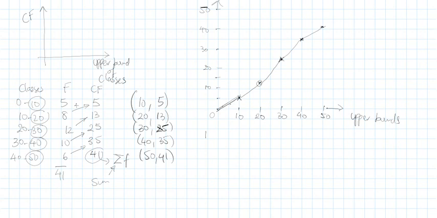So if we need to find the median, and that's in the notes as well, we do the CF divided by 2. And when I'm saying CF, it's the top CF, so the 41. So 41 divided by 2, that gives me 20.5. Now that's the CF, which we'll need to read from here.